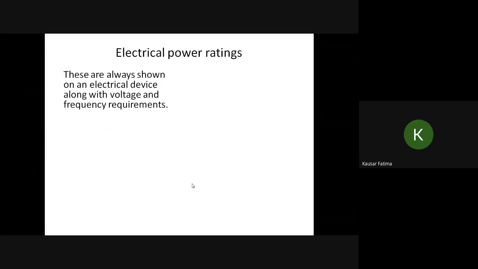Electrical power ratings. Here different appliances we use, they all have different power ratings. We use electrical iron, we use heater, refrigerator, motor. Different appliances use different power ratings. So here electric iron is shown.